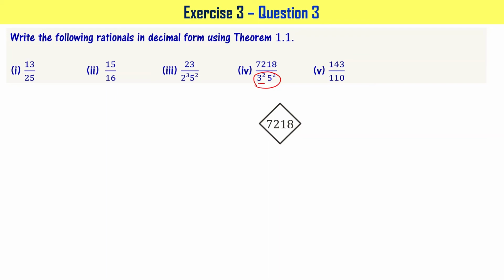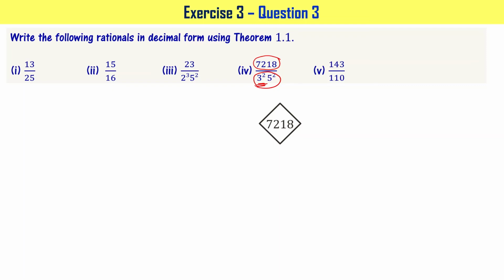Then only it is easy for us to convert the given rational number into decimal form, right? But the given number here has 3 square in the denominator. Now what I want to do is see whether 7218 has 3 square as a factor.